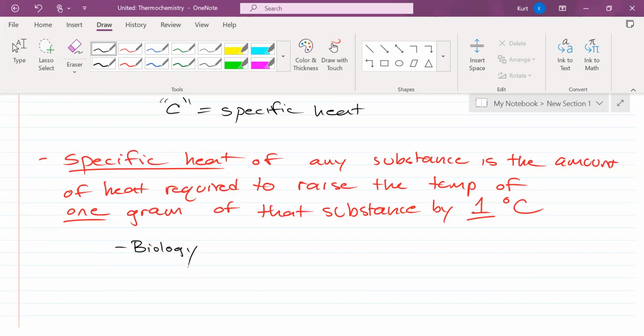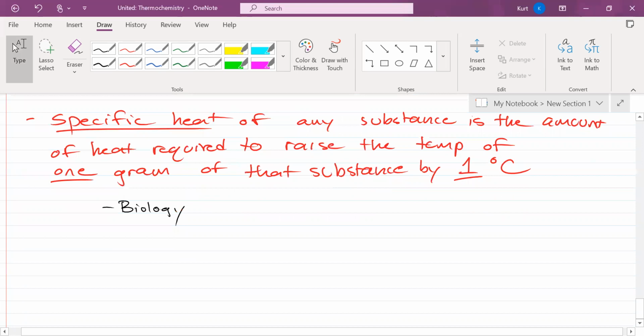When I'm sitting up here by about 6 period, if I haven't had a drink of water, I get a crazy headache. All I have to do is drink some water because my body's having trouble pumping blood because there's hardly any content in the blood because blood is mostly water. I need to put some water back in my blood and circulation will get back to normal. Well, in biology, here's why specific heat is so important.